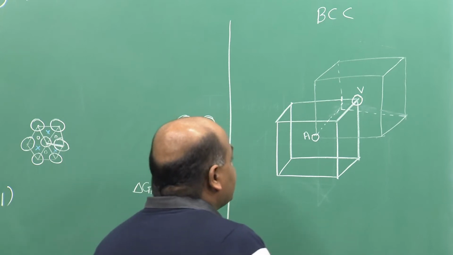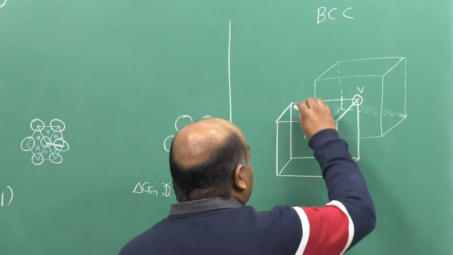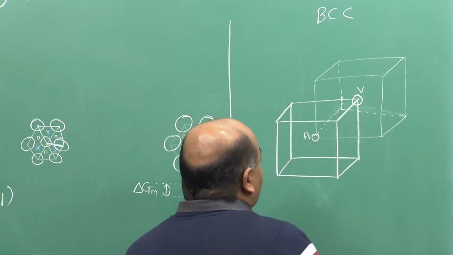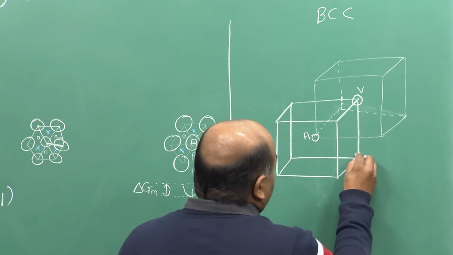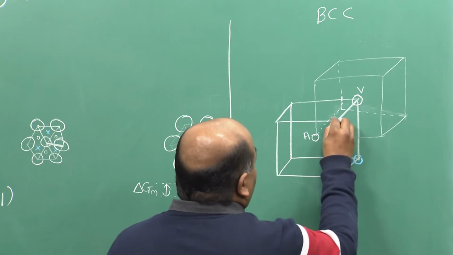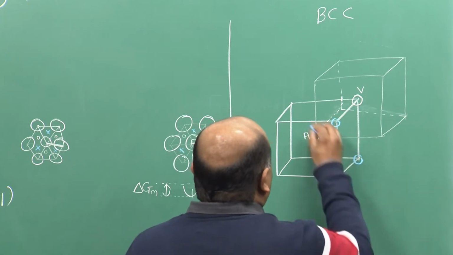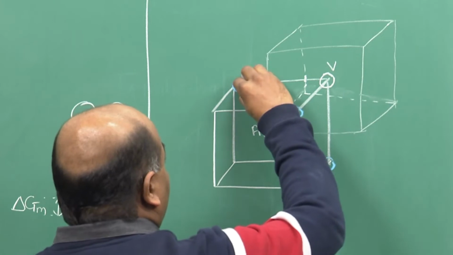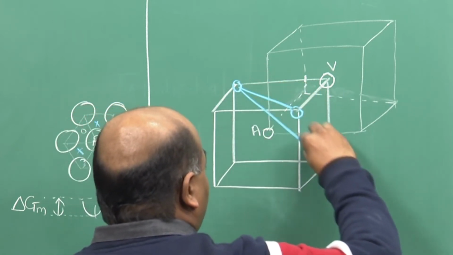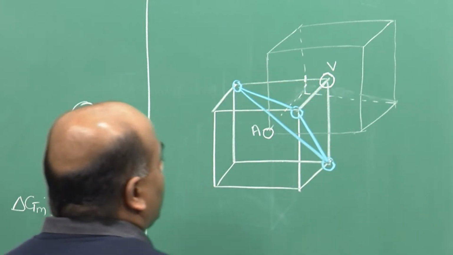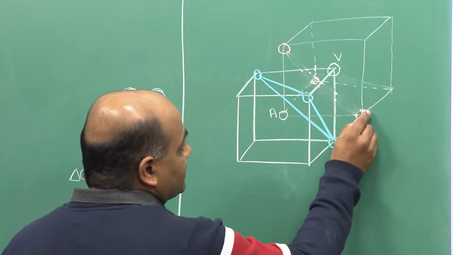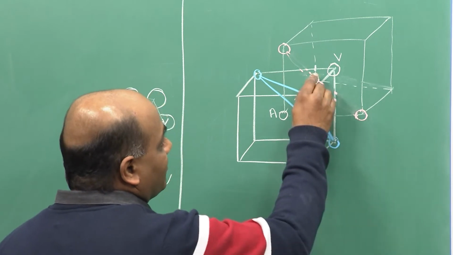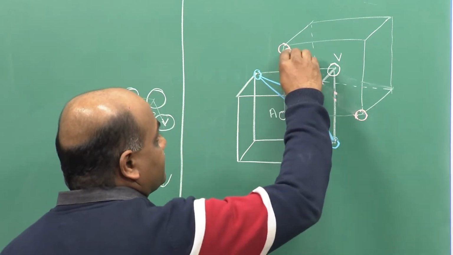So, the first state is at the center of the triangle formed by these three atoms. And the second saddle point is at the center of the triangle formed by these three atoms.